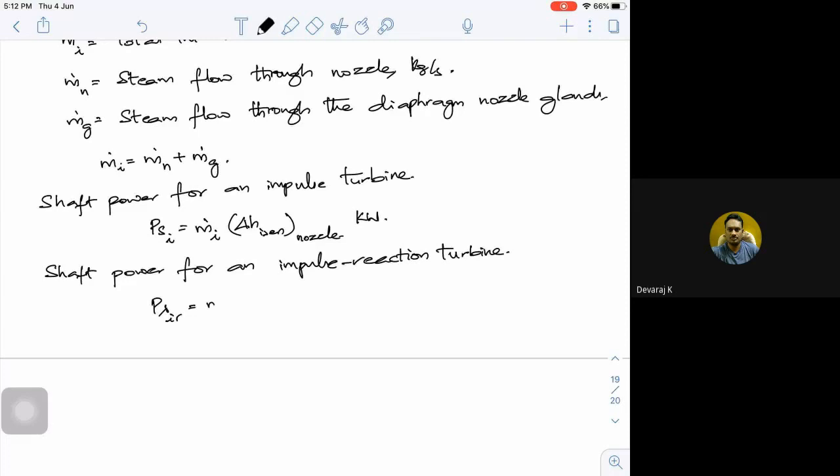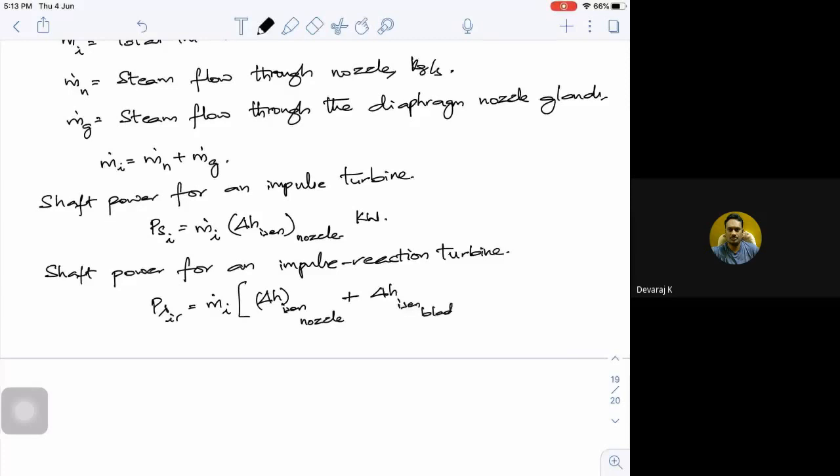I do have the mass flow rate m dot I, but the enthalpy drop I need to consider is the isentropic enthalpy drop for the nozzle plus the isentropic drop delta H for the blade or the vane.